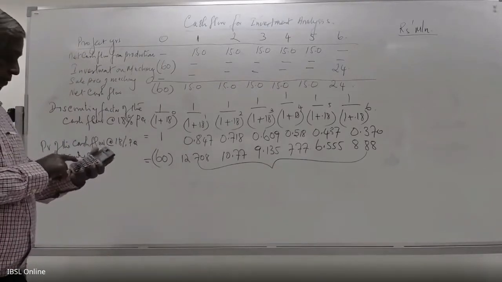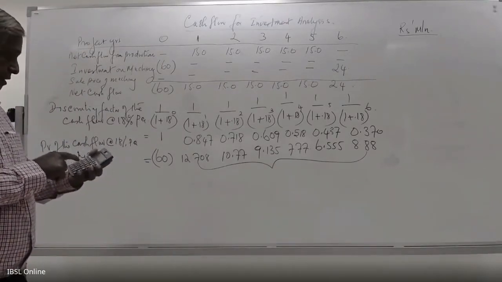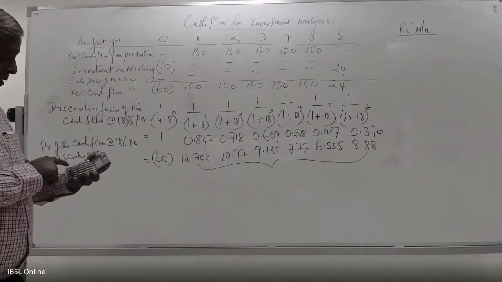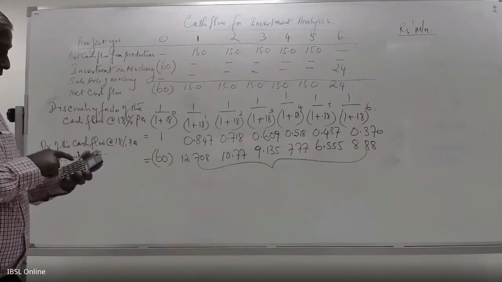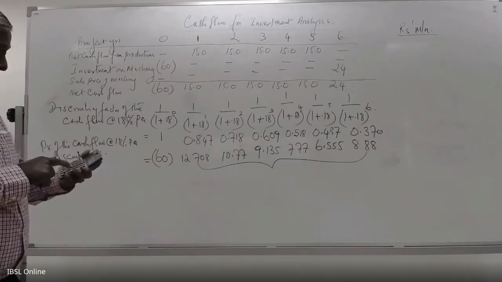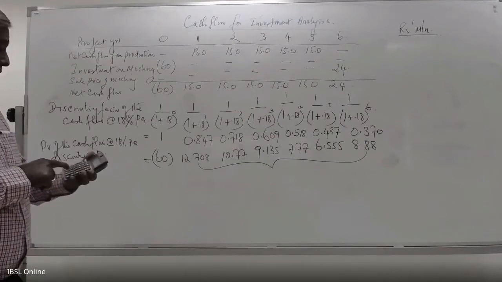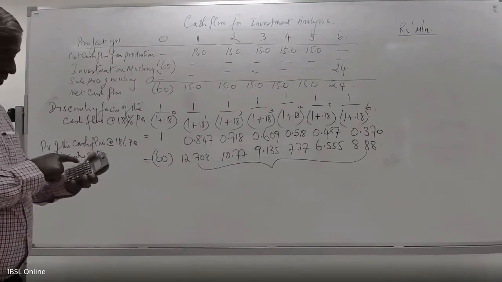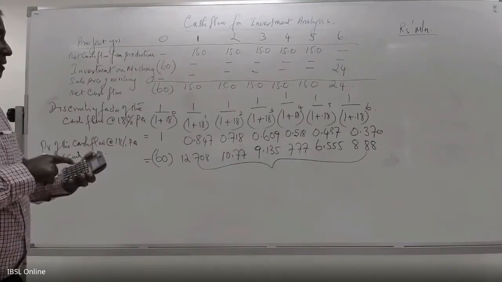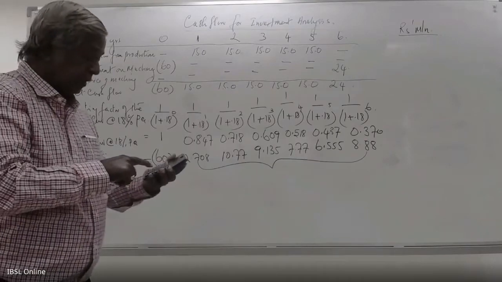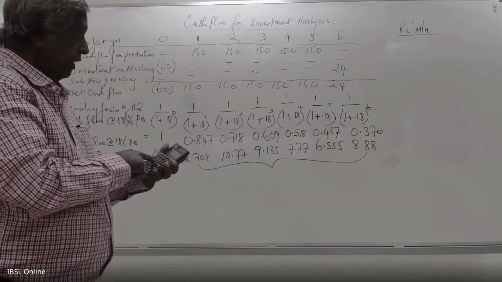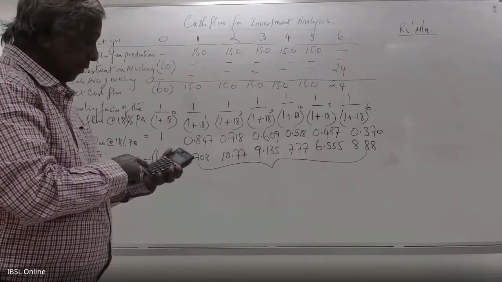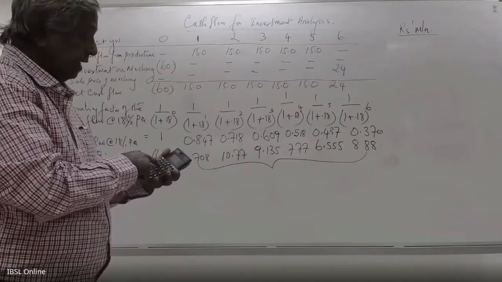Total it. 12.705 plus 10.77 plus 9.135 plus 7.77 plus 6.555 plus 8.888.